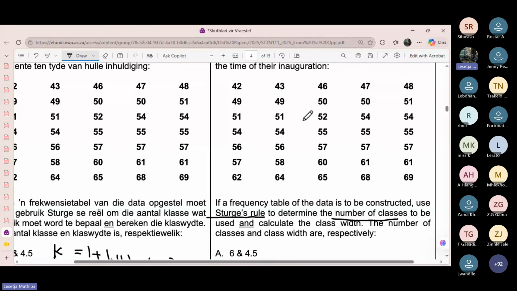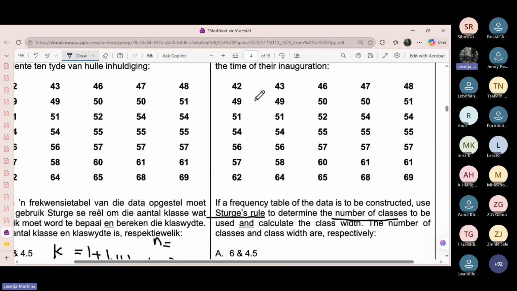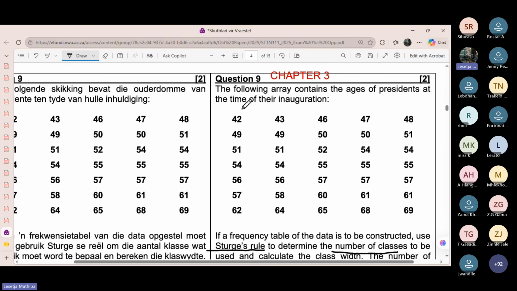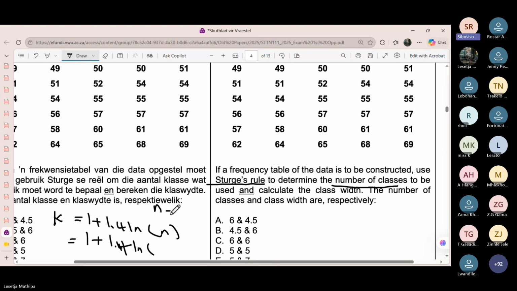So n is equal to, when you count here, what is the value of n? 35. 35. Okay.